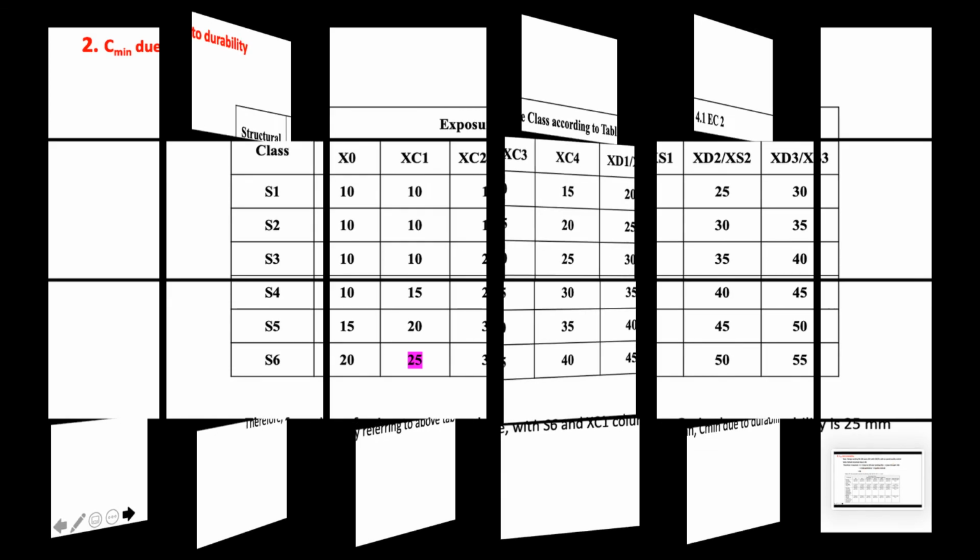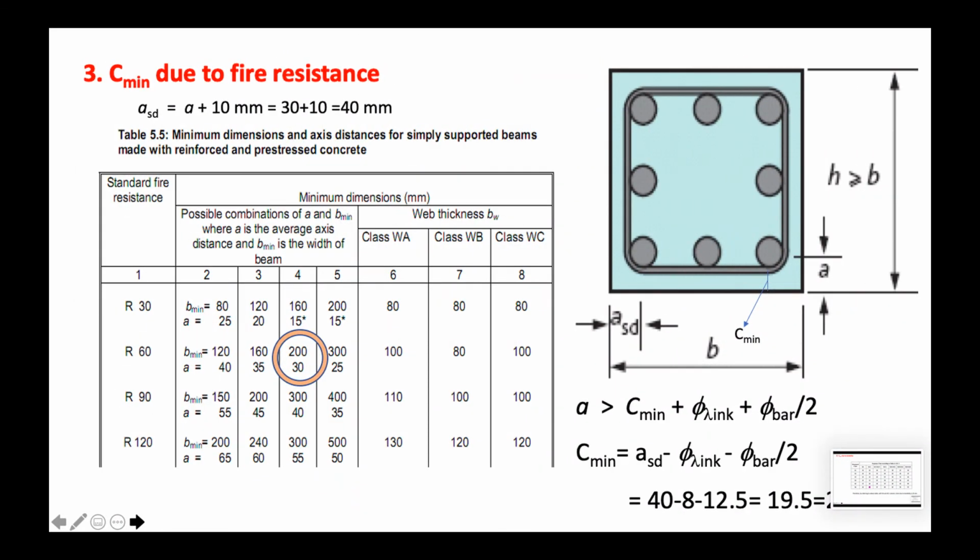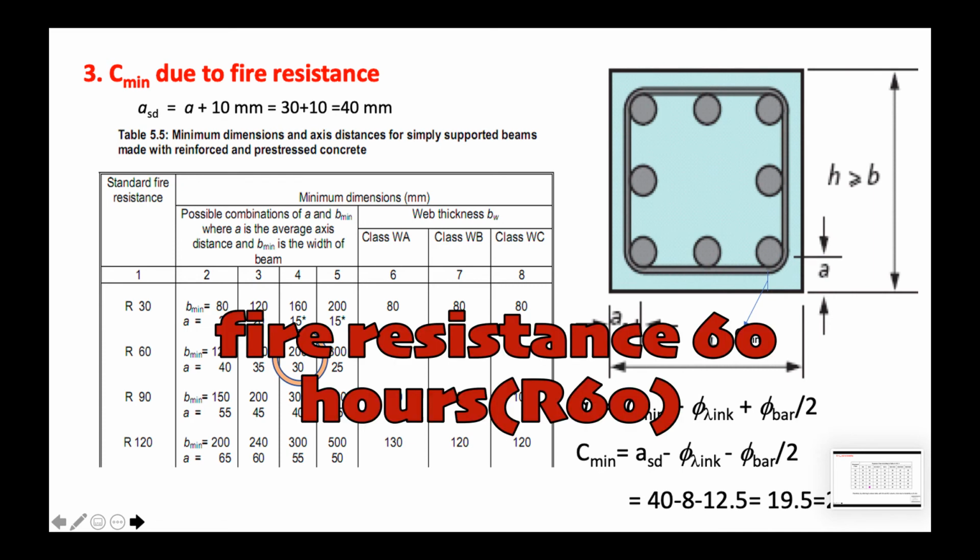Then for the fire resistance, we can refer to table 5.5, where we can get a_sd. a_sd is equal to a plus 10 mm, where the a value can be obtained from table 5.5. Once we get a_sd, we will calculate the C min. a_sd can be determined according to the fire resistance. In this example, the fire resistance is 60 and b is 250.